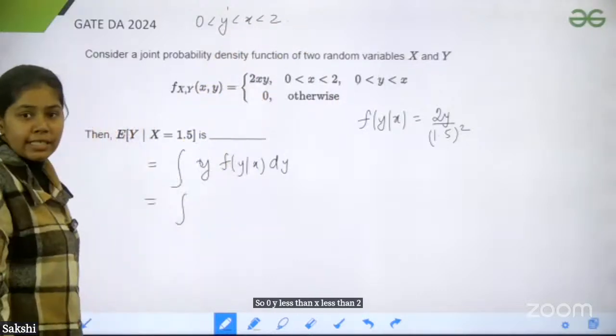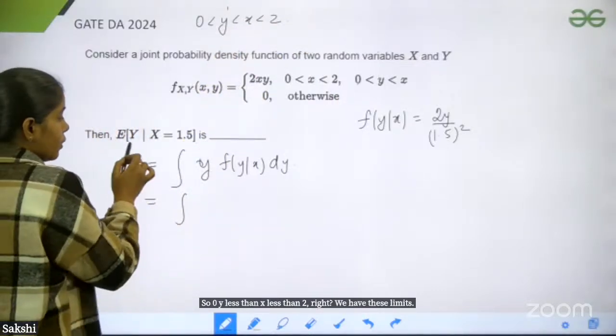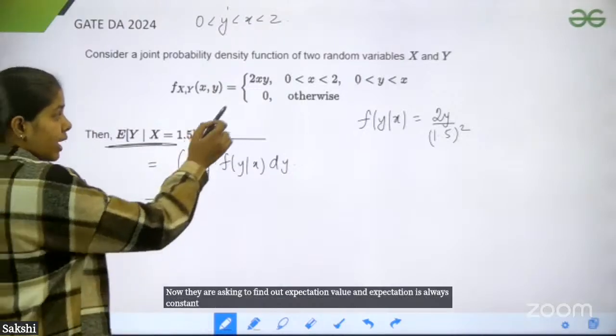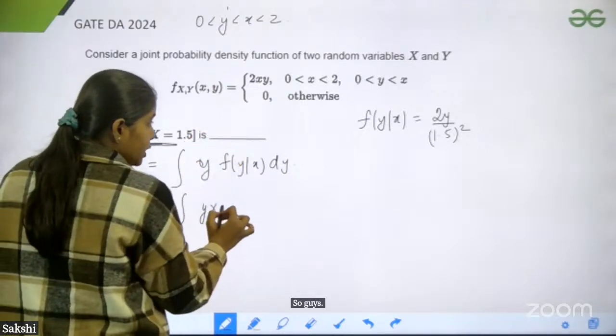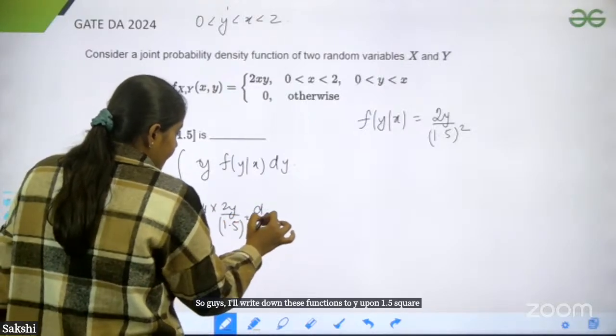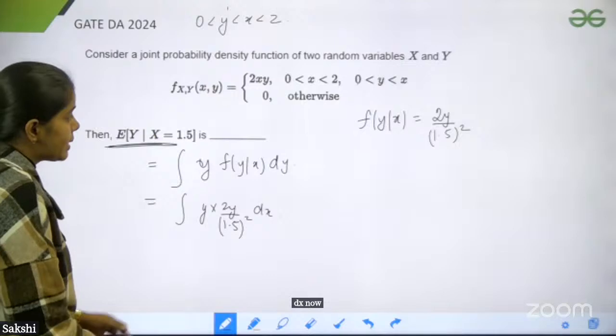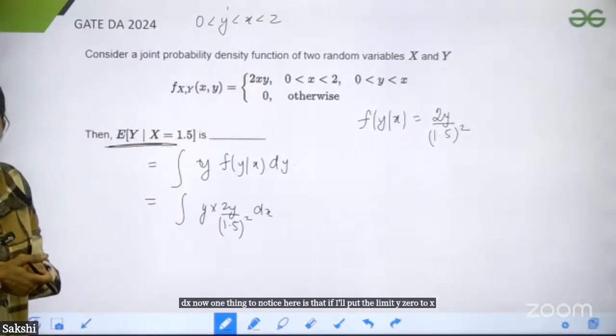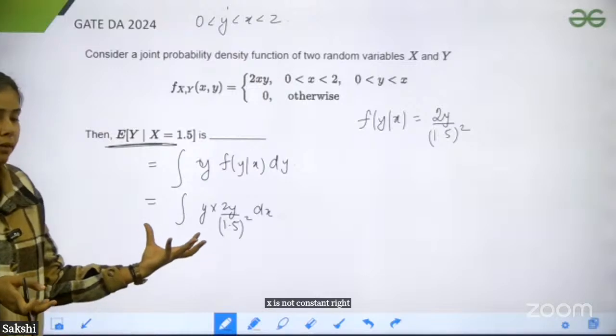We have these limits. Now they are asking to find out the expectation value, and expectation is always constant. So I'll write down this function: 2y upon 1.5 square dx. One thing to notice here is that if I put the limit y is 0 to x, it is not constant, so it would give me a function of x.